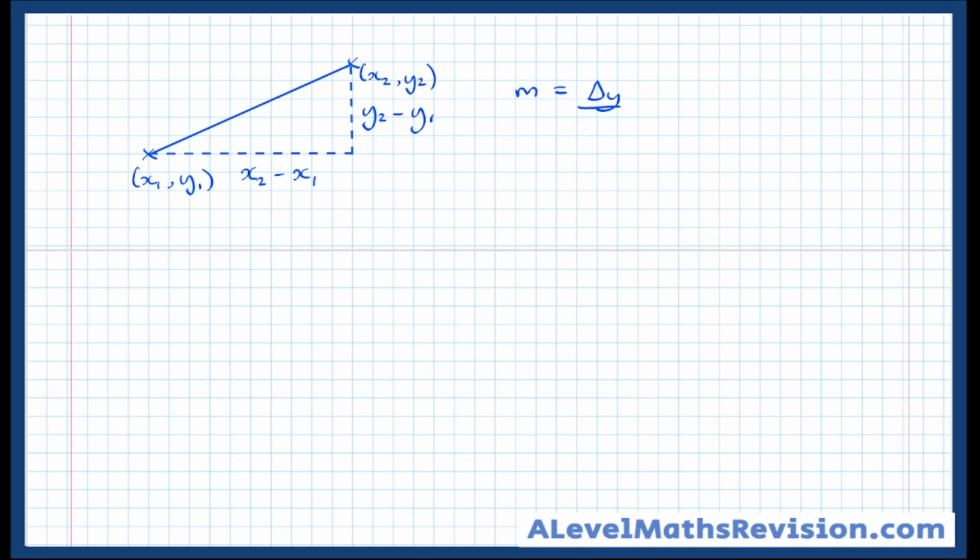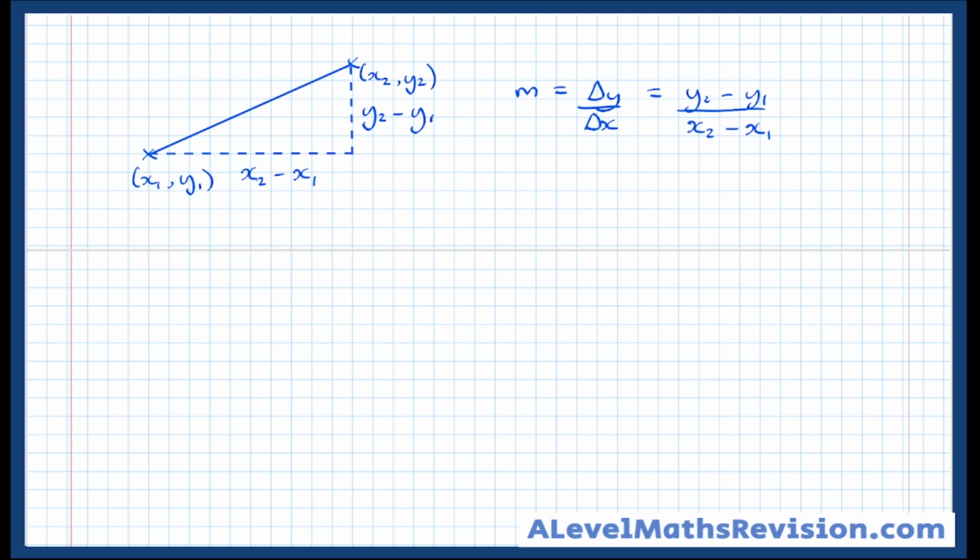So you probably thought of it as delta y divided by delta x at GCSE, the difference in y divided by the difference in x, which is simply y2 minus y1 over x2 minus x1. So you might have seen the formula written like that before, you might not have, but from this point onward, remember that formula, use it.